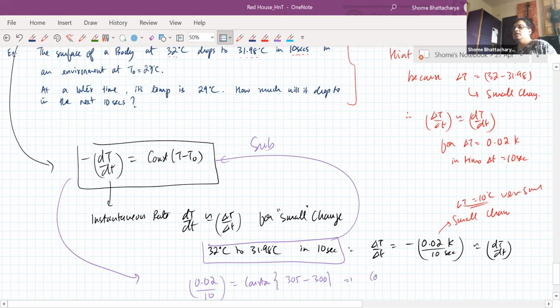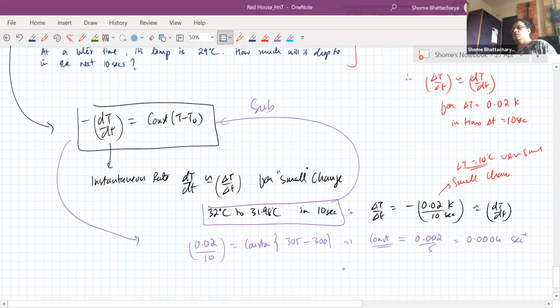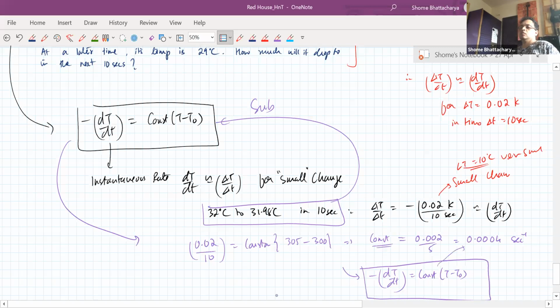So that constant is actually 0.002 divided by 5, or it is 0.0004 second inverse. This constant in this equation, the value of this constant now we have determined from the given data, because this was the given data.